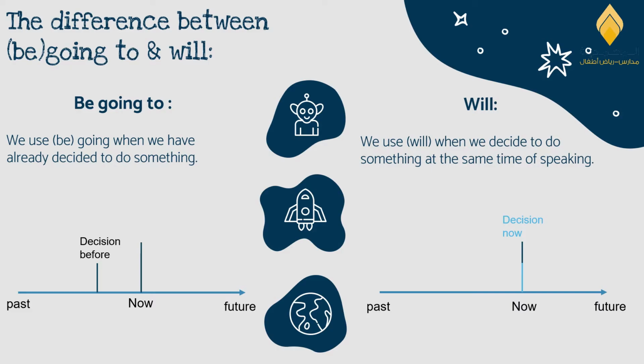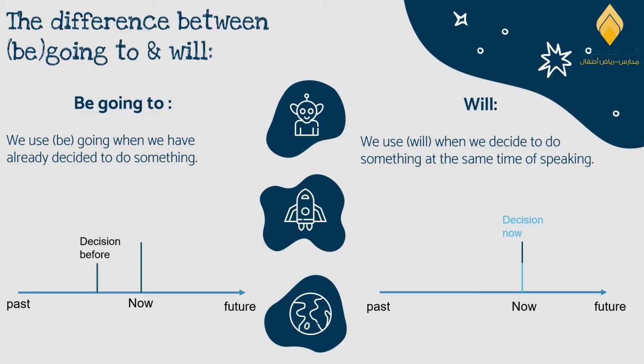On the other side, we have will. Take a look at the timeline. We take the decision now, at the time of speaking. So we use will when we decide to do something at the same time of speaking.